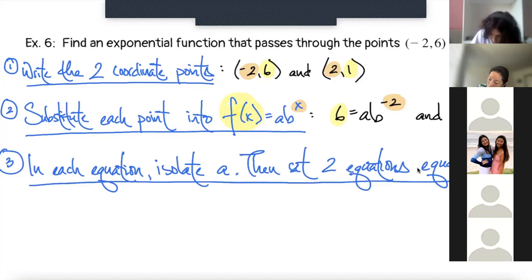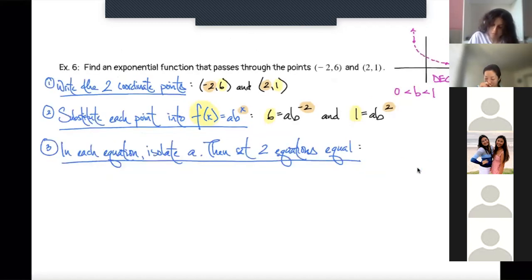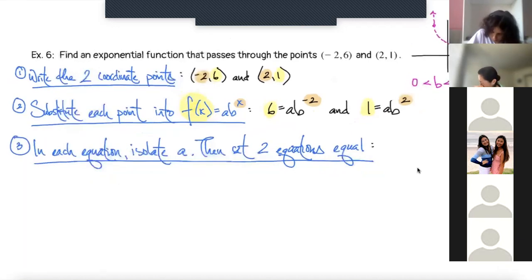Now let's make sure we understand what that means, that I'm using language that's clear for all of us. So in each equation, we're going to isolate A, and then we're going to set those two equal to each other.